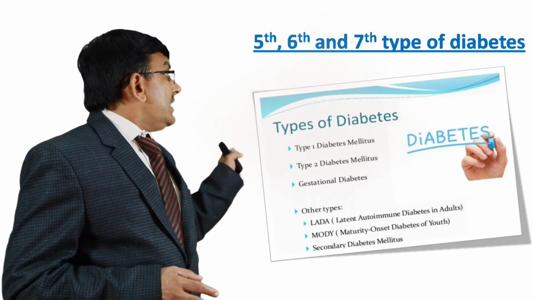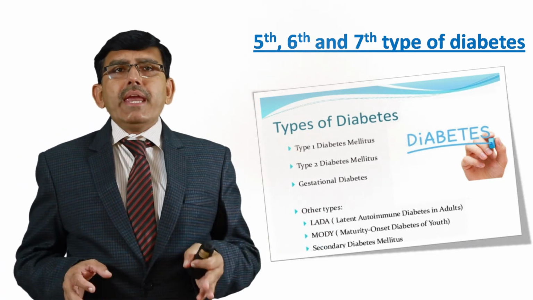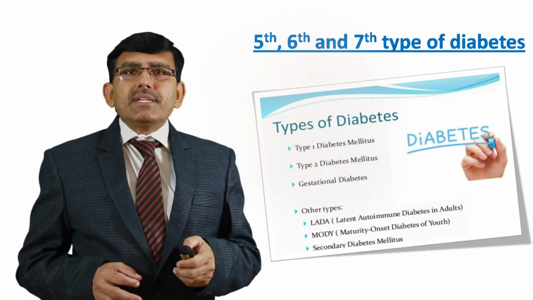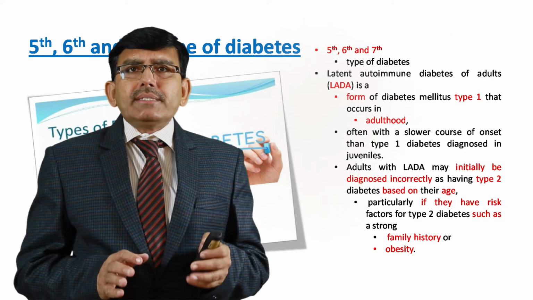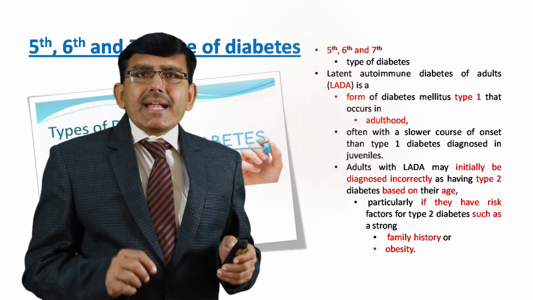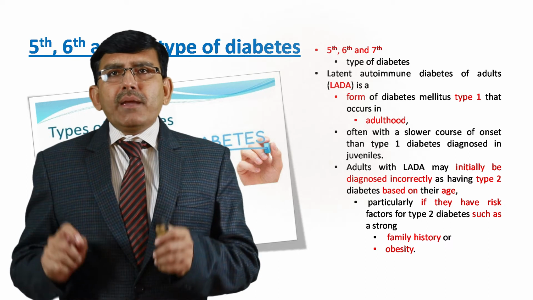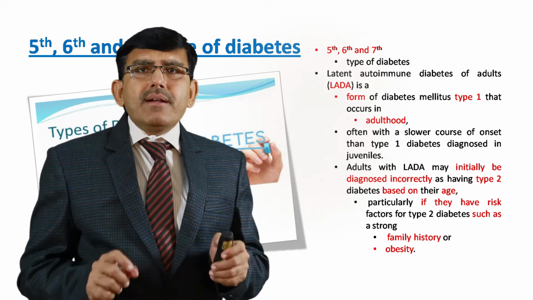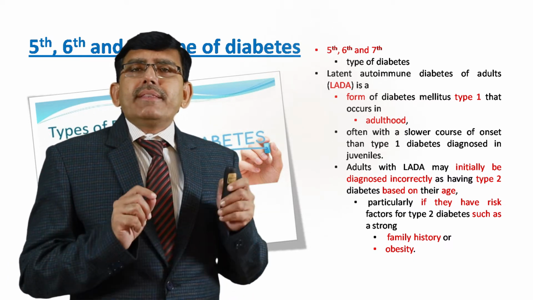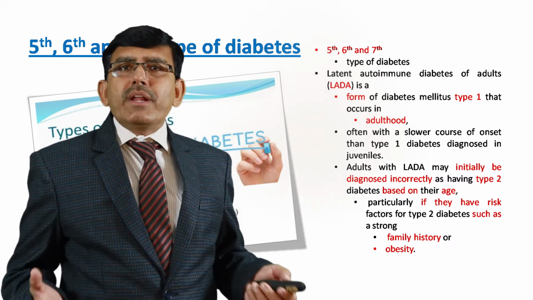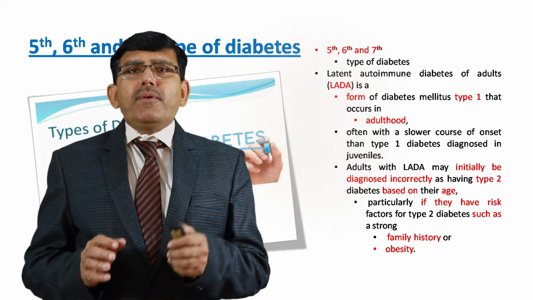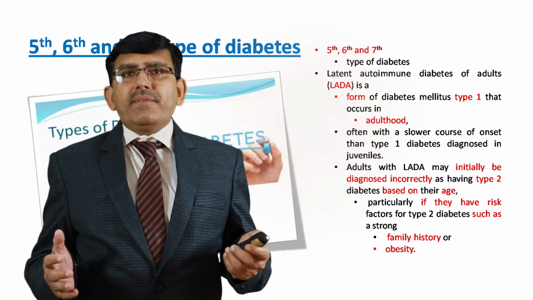We have still other types too, like the 5th, 6th and 7th type. This type of diabetes is called LADA, latent autoimmune diabetes, which happens to adults. It is type 1 that occurs in adulthood, often with a slower course of onset than type 1.